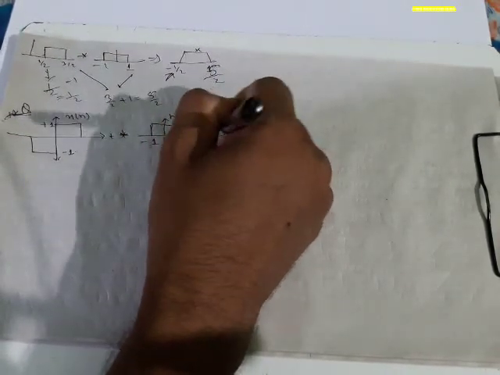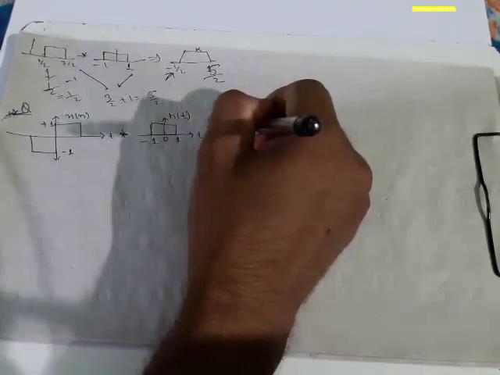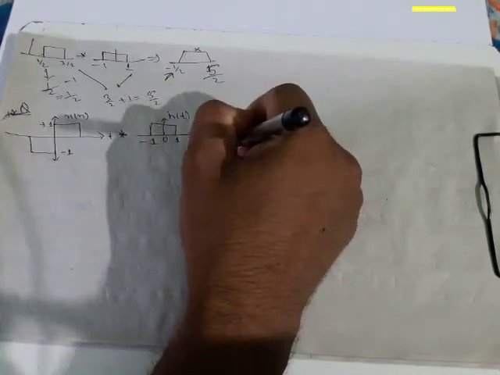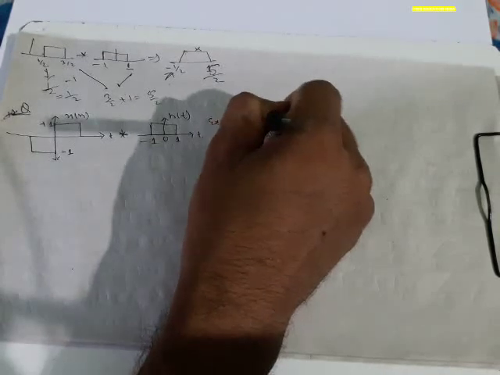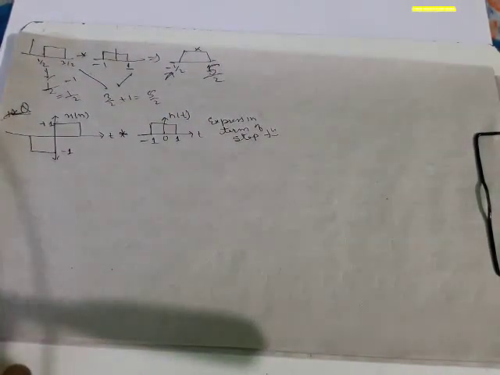Now again, minus u of t minus 1 convolution with u of t minus 1, again we have to take this term, minus u of t minus 1 convolution with u of t plus 1.